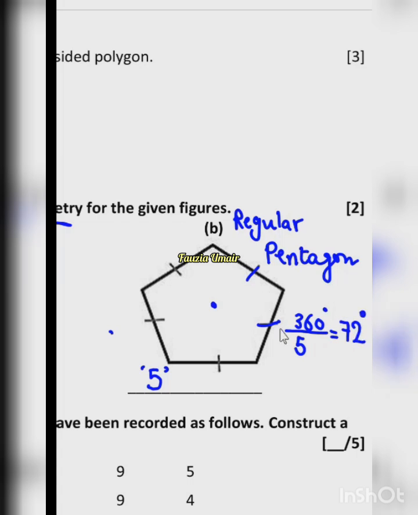And just like Sara said, this 72 degrees is the angle of rotation. After every 72 degrees, we will get the same shape back while rotating this figure. So it would be the same case 5 times during the whole rotation. All right.